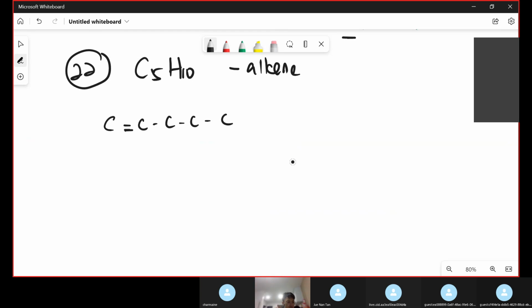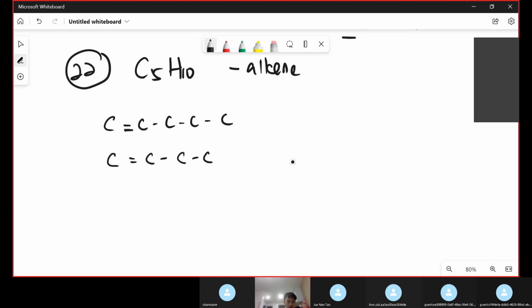If you look at the question, they mentioned that structural and stereoisomerism should be taken into account, which means you need to consider cis-trans isomerism. For the terminal C=C, no cis-trans. Then what if one of the carbons becomes a side chain?